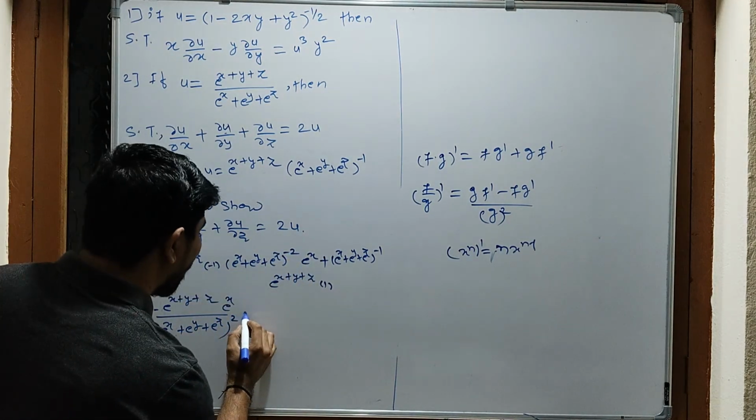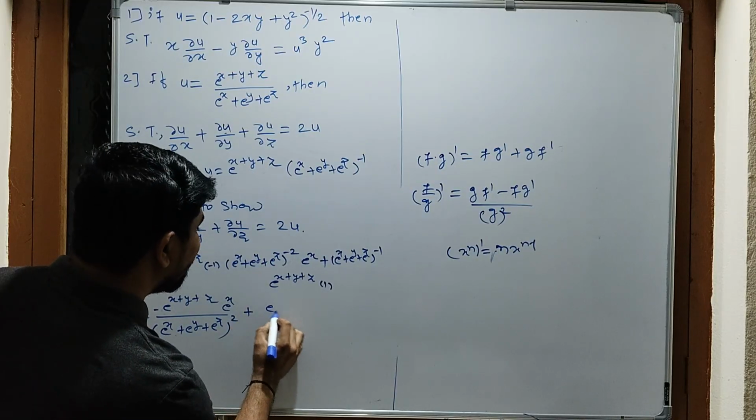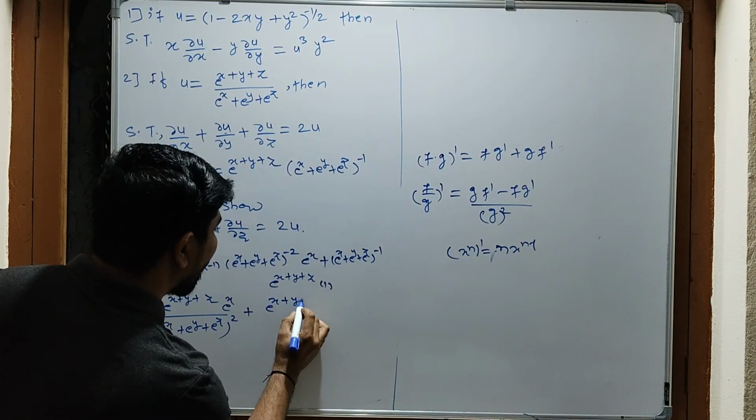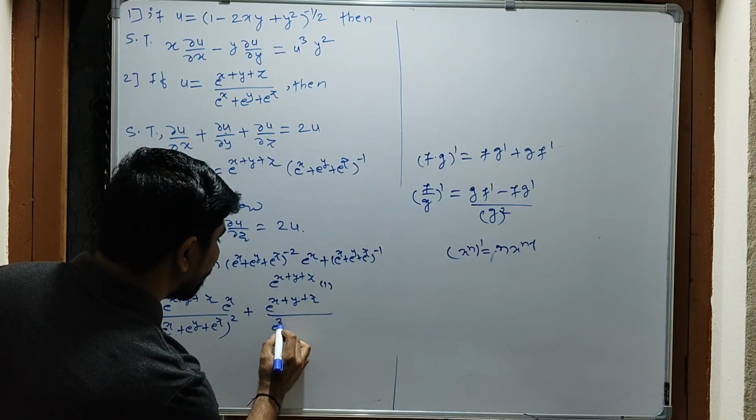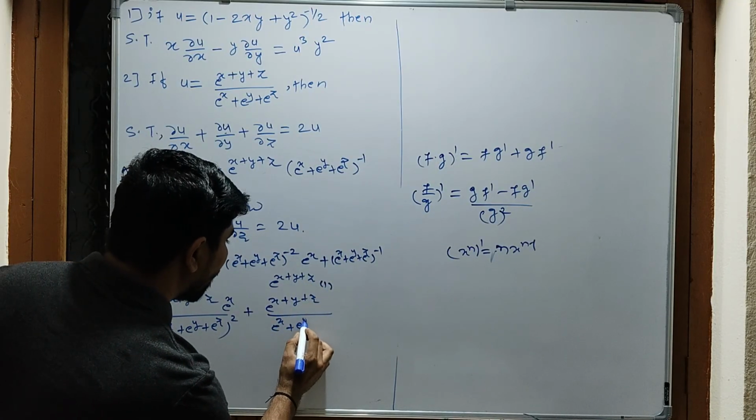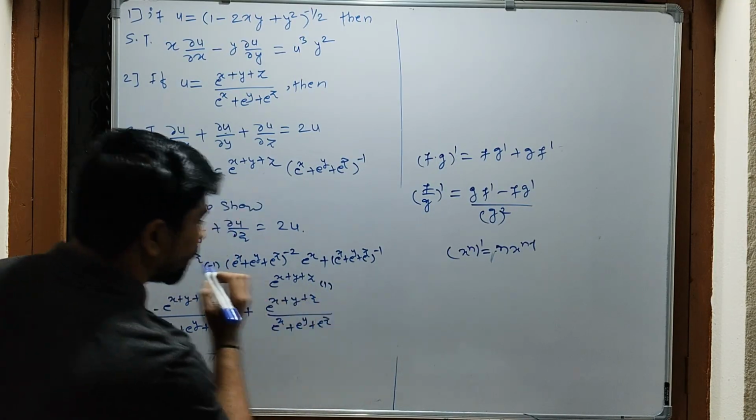Now plus e^(x+y+z) divided by e^x + e^y + e^z.